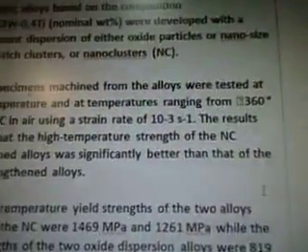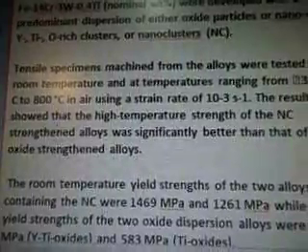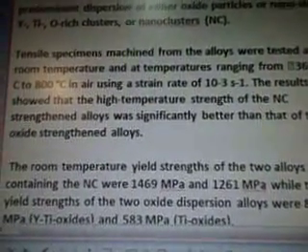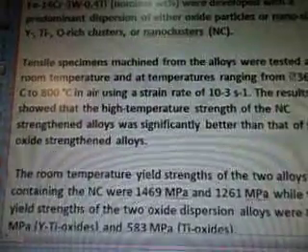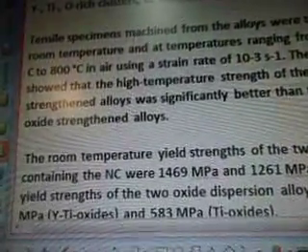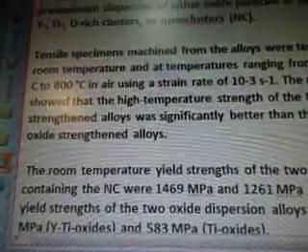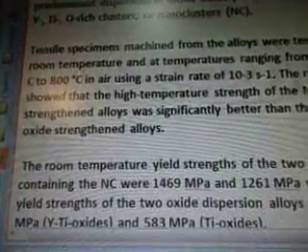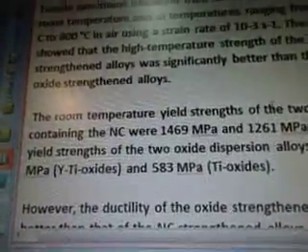Tensile specimens machined from the alloys were tested at room temperature and ranging from 360 degrees to 800 degrees Celsius in air using a strain rate of 10^-3 s^-1. The results showed that the high temperature strength of the NC strengthened alloys was significantly better than that of the oxide strengthened alloys. So this is very important, so you want to pay attention to this.